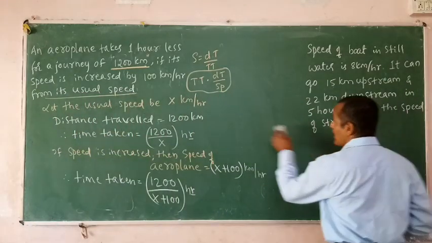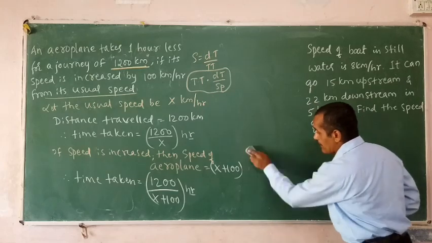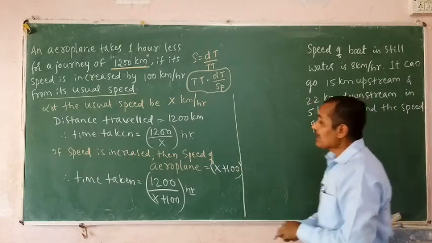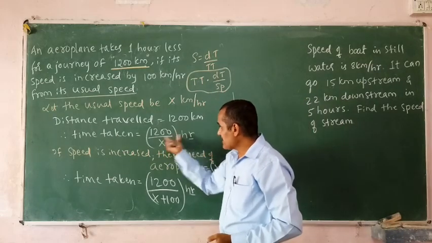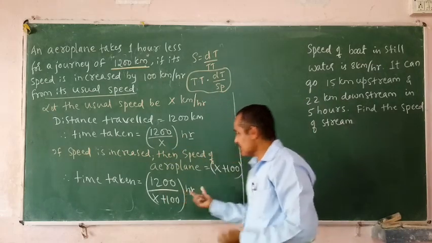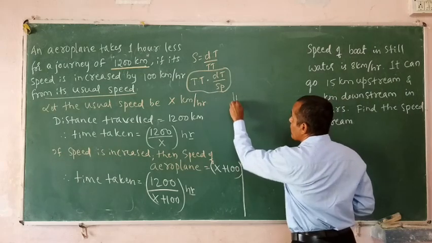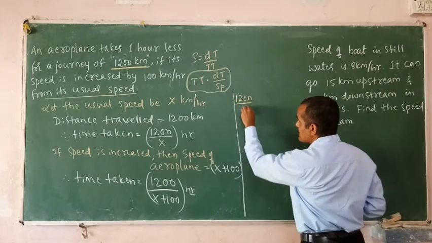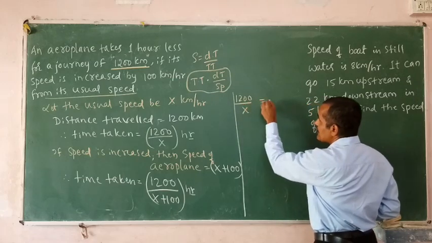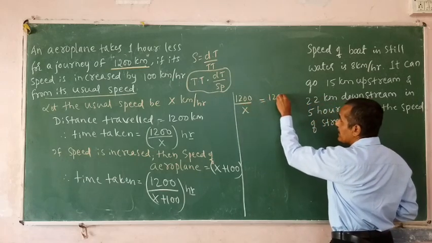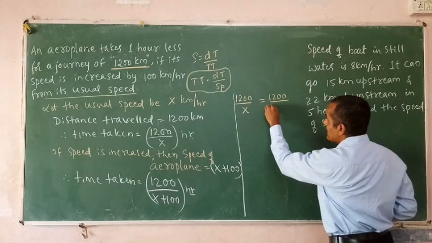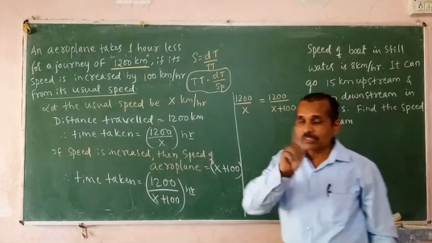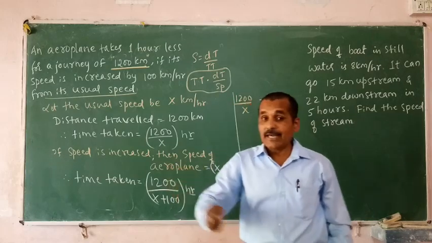Now I have to compare. This is also one timing, in hours. This is also timing, in hours. I will compare both. 1200 divided by x, this is one time, is equal to 1200 divided by x plus 100. My dear children, both timings are not same. Definitely are not same.